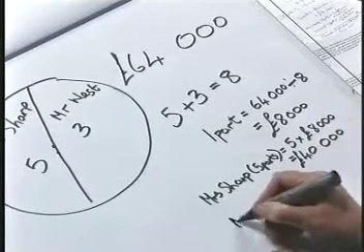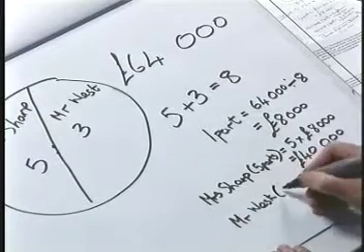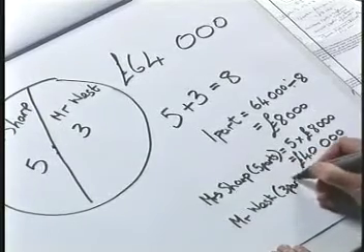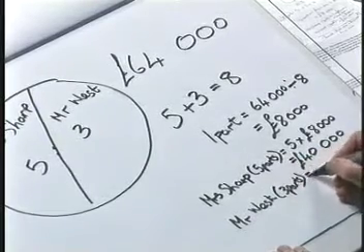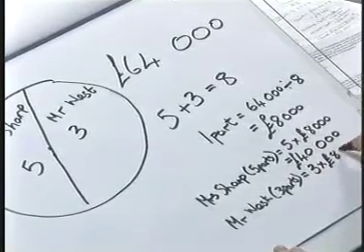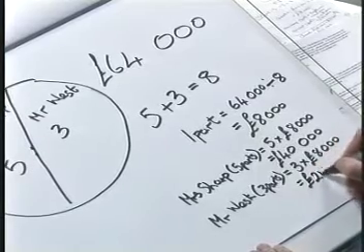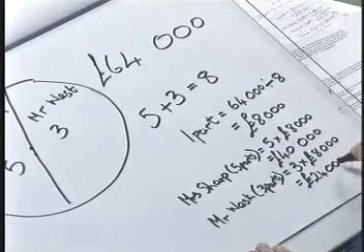And then Mr. West, he has 3 parts. And that is 3 multiplied by £8,000, which is £24,000. An awful lot of money.